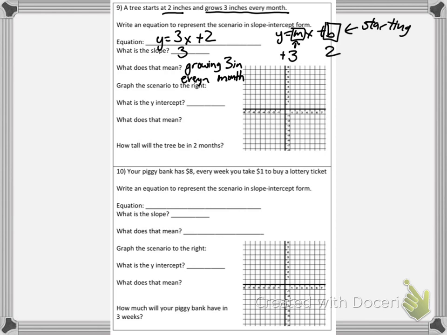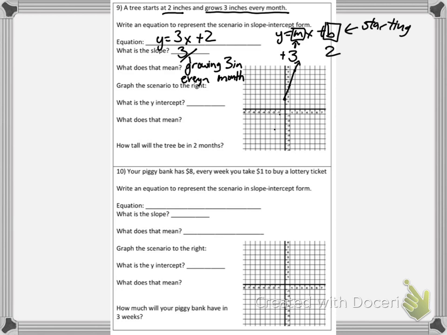If I'm graphing my equation, I'm starting at 2. And my slope of 3 over 1, because if there's nothing, I'm going to put it over 1, means I go up 3 over 1, up 3 over 1, and also the other way, down 3 over 1. However, it doesn't make sense for me to go into negative, right?